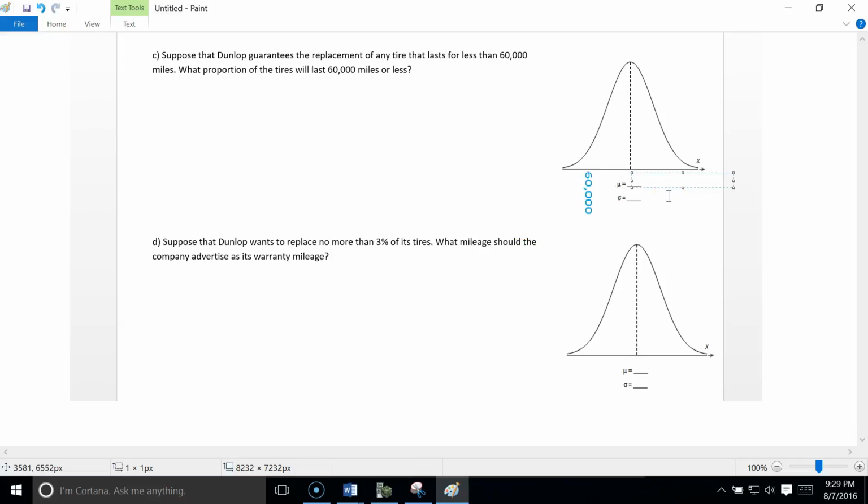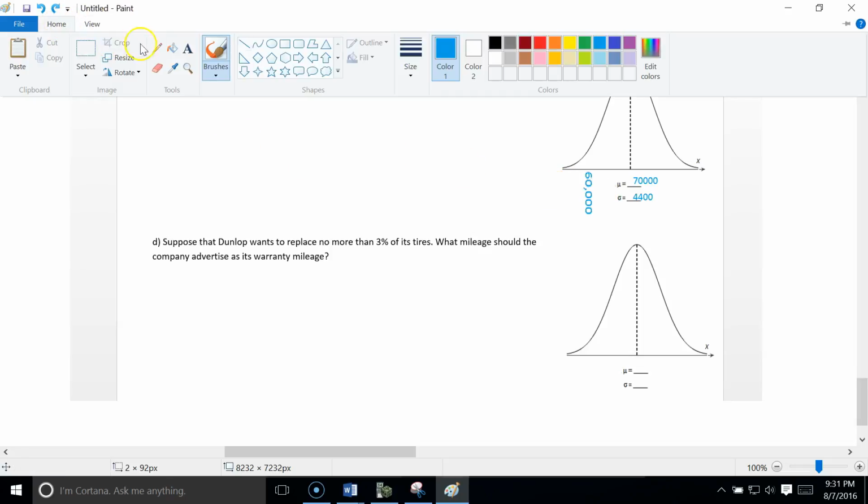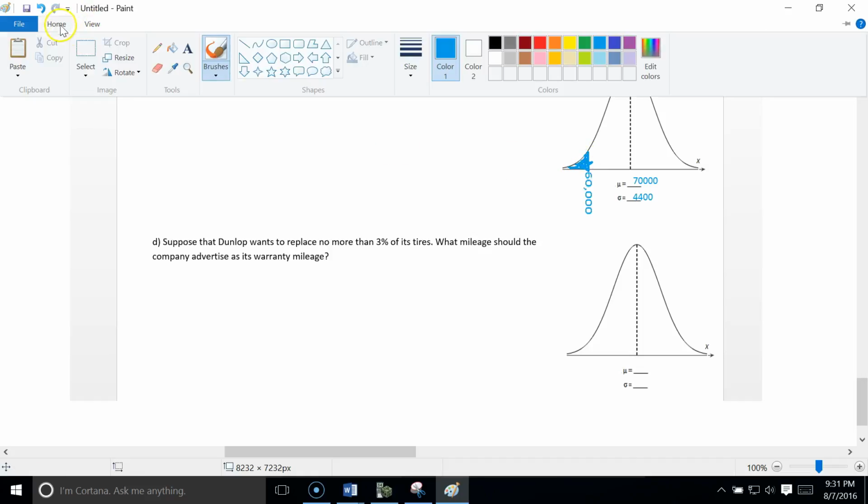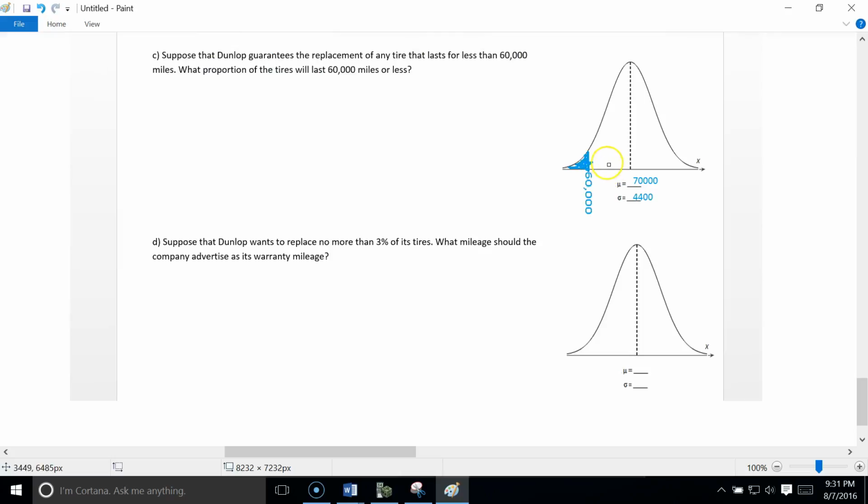This is still the same distribution with a mean of 70,000 and a standard deviation of 4,400. Okay, so let's put an approximate line here. And so we are looking for values that are inside this little tail. We want the values that are in that little tail, but not this.